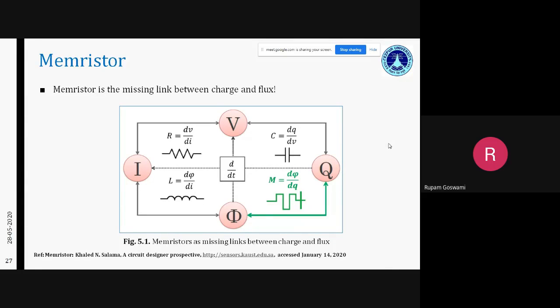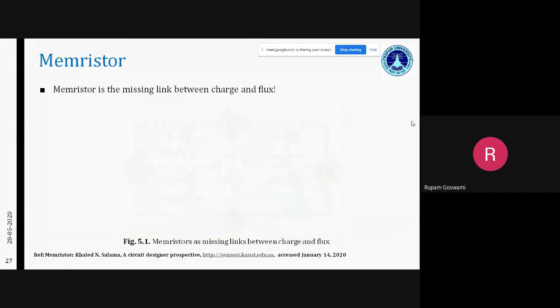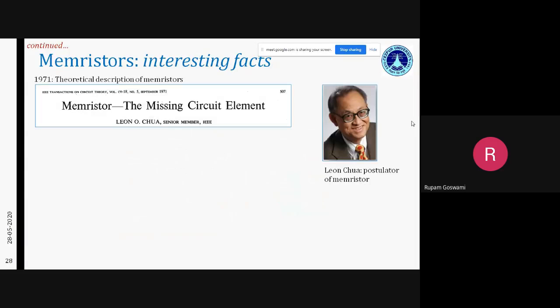He first proposed that there must be an electrical parameter in nature which can link these two quantities. That was the first official report of memristive action as a whole. In 1971, Leon Chua, a senior member of IEEE at that time, gave the theoretical description of the memristors.